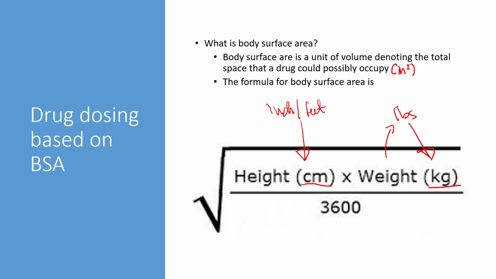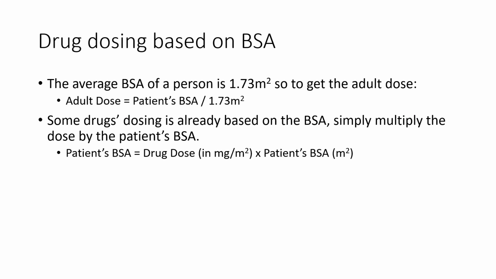Okay, for computation of body surface area, we have two types. The average body surface area of a person is 1.73 meters squared. So to get the patient's dose, you need to multiply the adult dose by the patient's BSA over 1.73 meters squared.